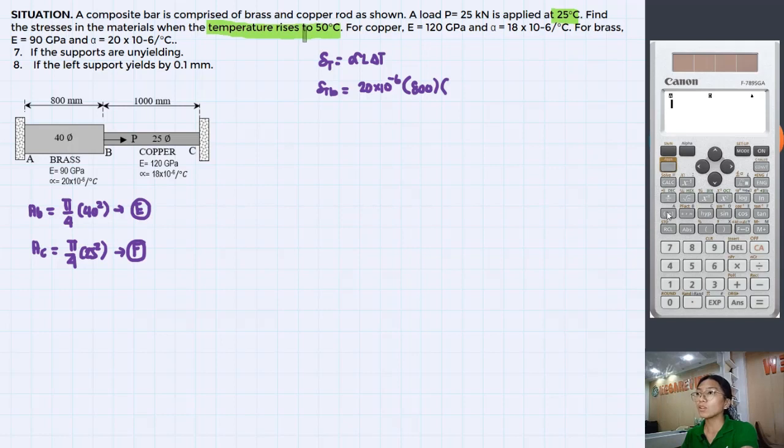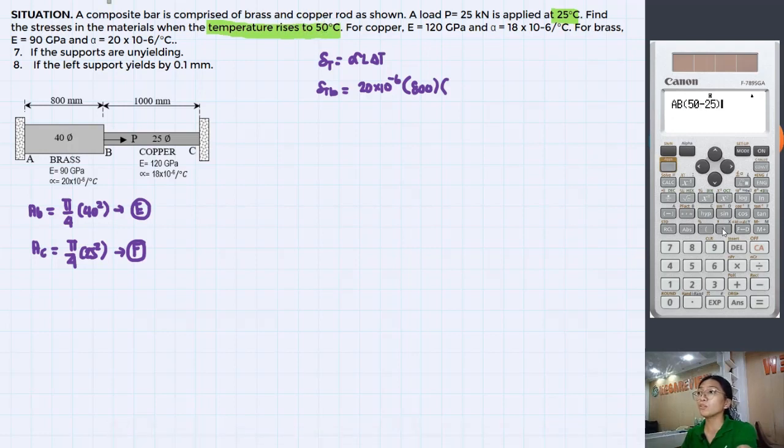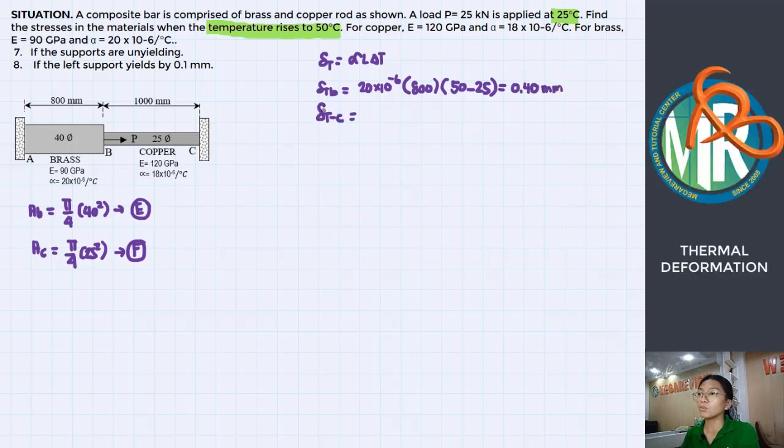Kung by sana to, yung word na 2, naging by, edi yung 50 degrees Celsius na yung delta T. Pero 2 man, so yung 50 degrees Celsius yung final temperature. So this would be final temperature 50 minus the initial na 25. So this would be 0.40 millimeters.